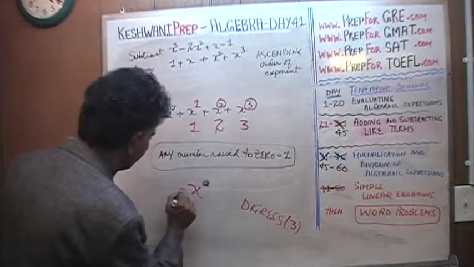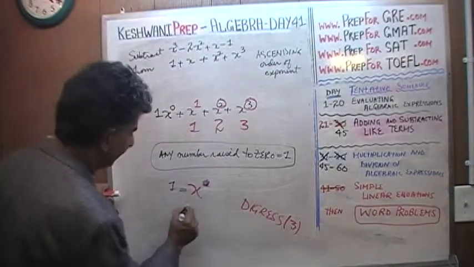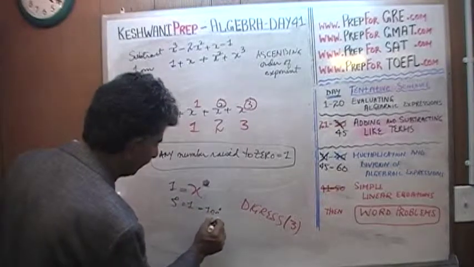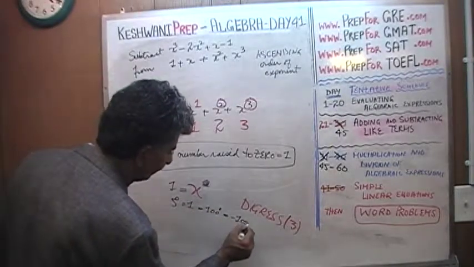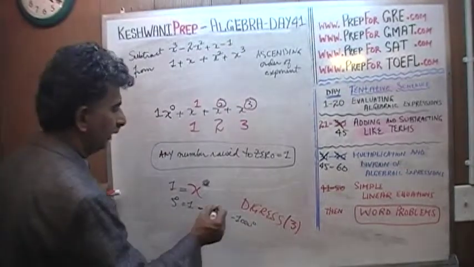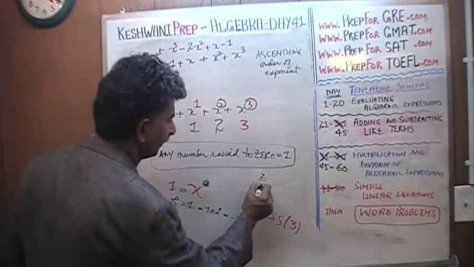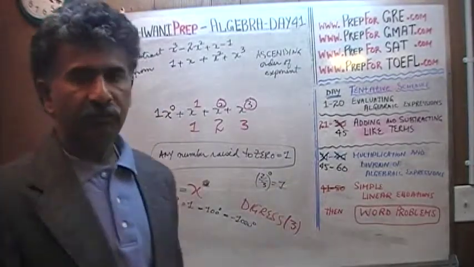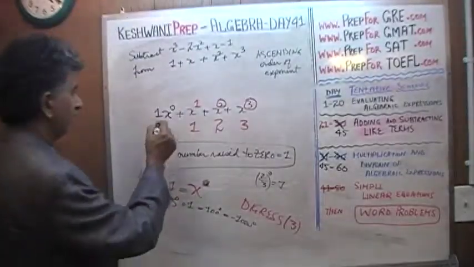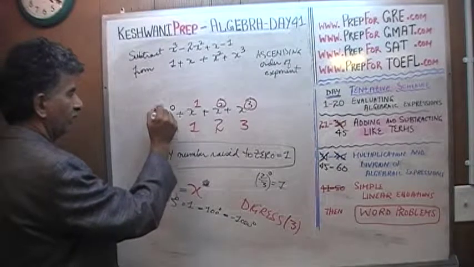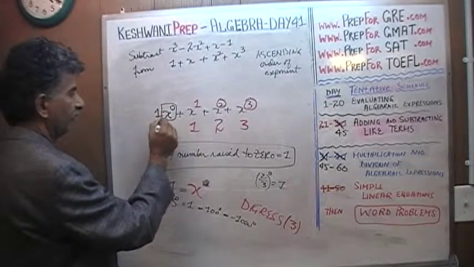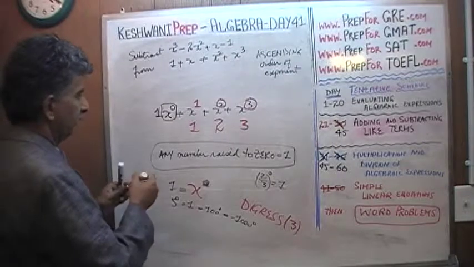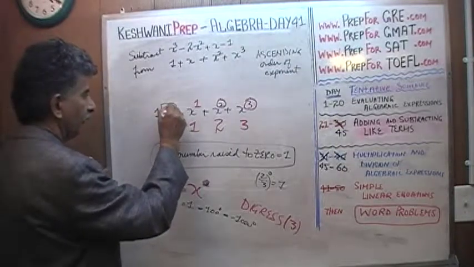X raised to 0 is 1, regardless of what x is. 5 raised to 0 is 1, 100 raised to 0 is 1, negative 1000 raised to 0 is 1, 2/3 raised to 0 is 1. Any number raised to 0 is 1. So this quantity right here, x raised to 0, is 1. So it's just 1 times 1, which is 1. So here we have an exponent of 0.